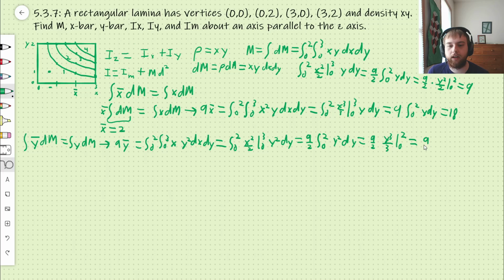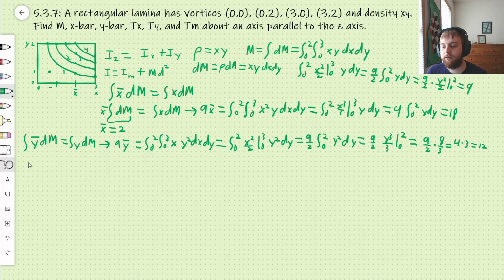So this is 9 halves times 8 over 3, which is equal to, let's see, cross multiply there, that's a 4, and then that's a 3. So that's 4 times 3, which is equal to 12.